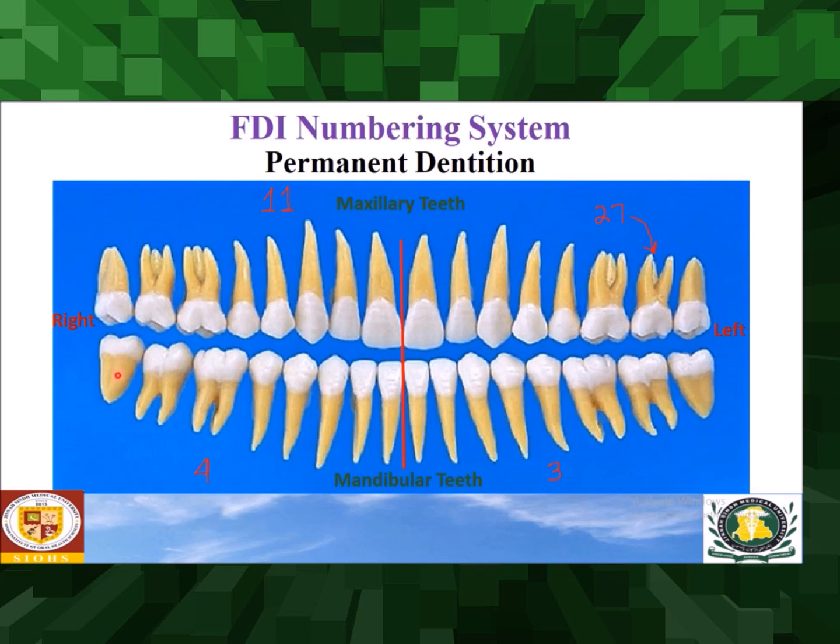The quadrant number is 4, and the tooth number is 1, 2, 3, 4, 5, 6, 7, 8. So this tooth will be referred to as 4-8 in the FDI notation system.